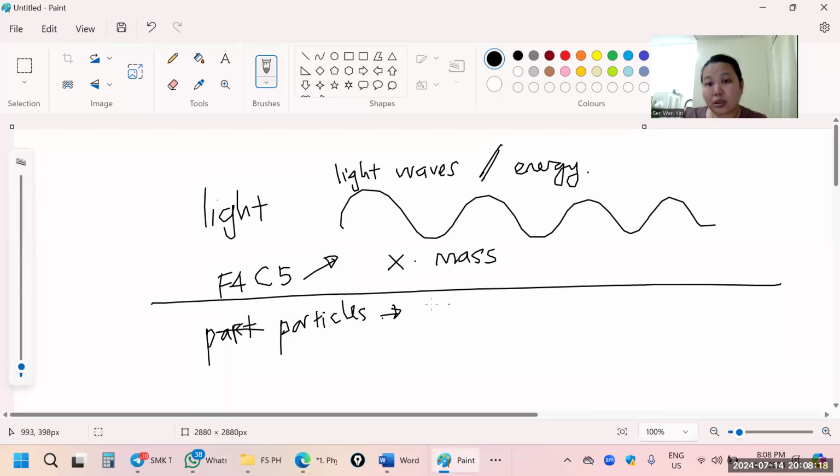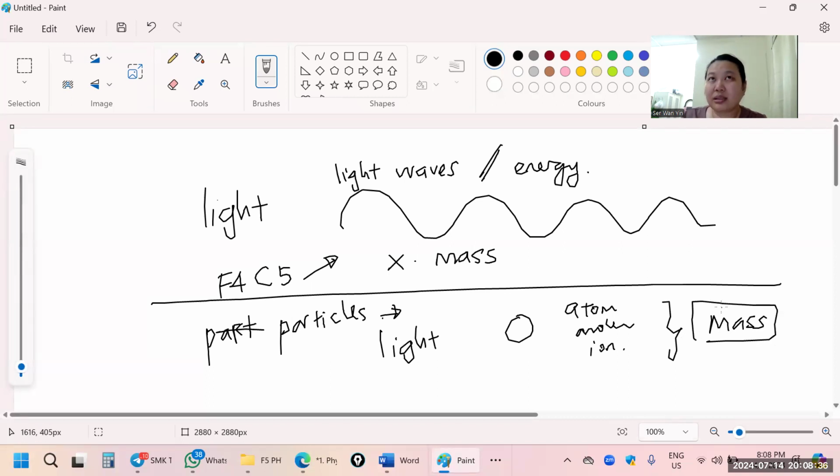But Newton at that time already said light can act like particles. Particles means could be an atom, a molecule, an ion, which means it has mass. Light has mass? What? When I first listened to this, I also felt shocked. I thought we learned light doesn't have mass since very young. But he said, no, actually light has mass like particles.